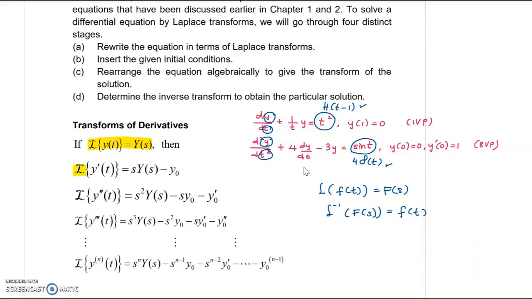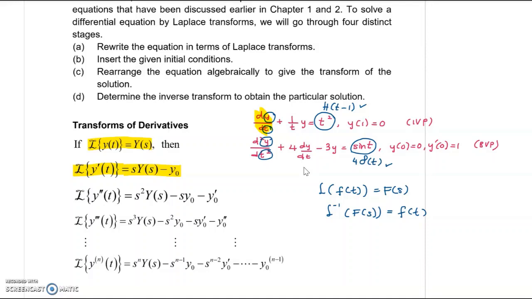The Laplace of y prime, the first derivative, because we are going to use the transform for dy/dt here. This dy/dt will be replaced with this one, so you need to remember the transform: sY(s) minus y(0).